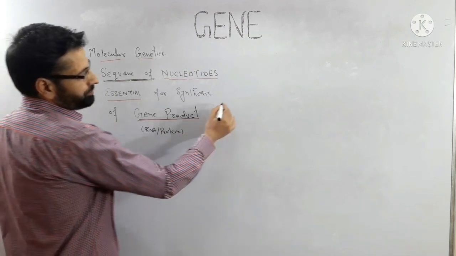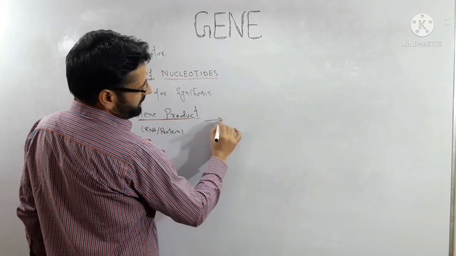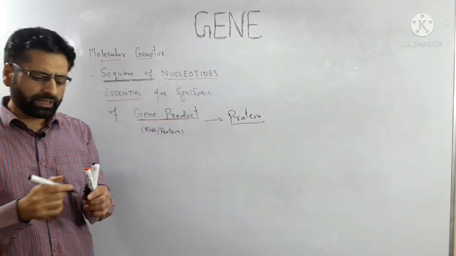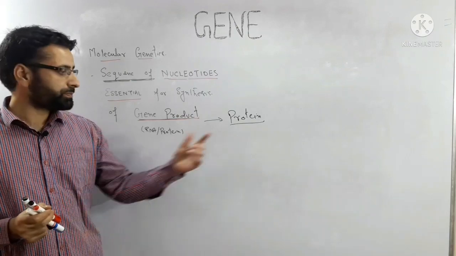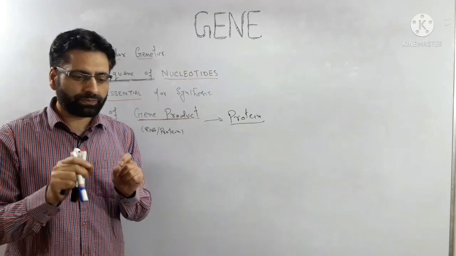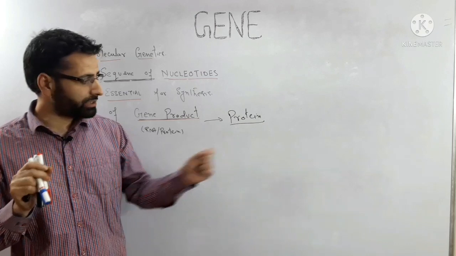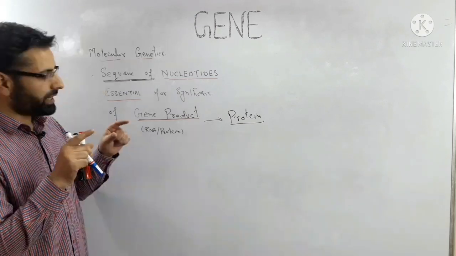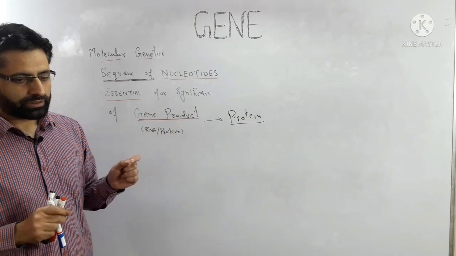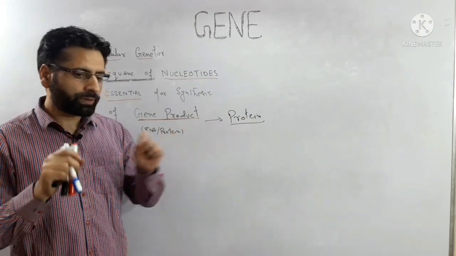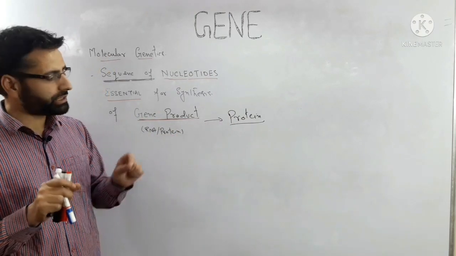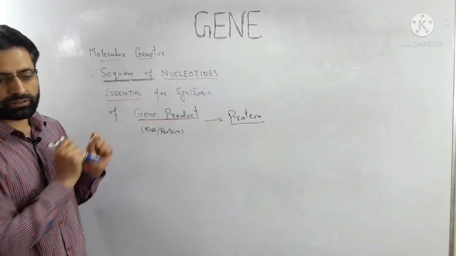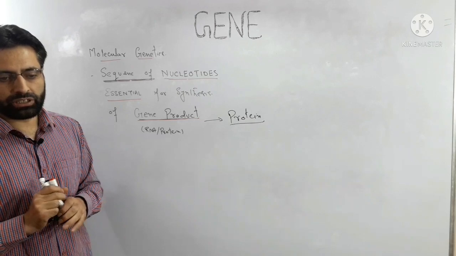For example, in the majority of cases it is protein. That is, in the majority of cases, a gene forms protein as the final functional product, and it is the protein which finally performs the functions as per the instructions. That is, a protein is the final functional product which performs the function as per the instructions given in the DNA or gene.